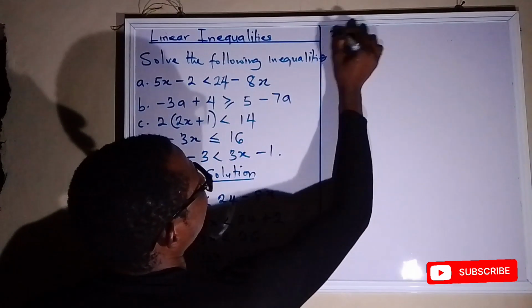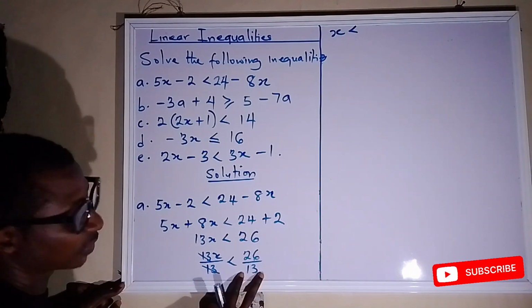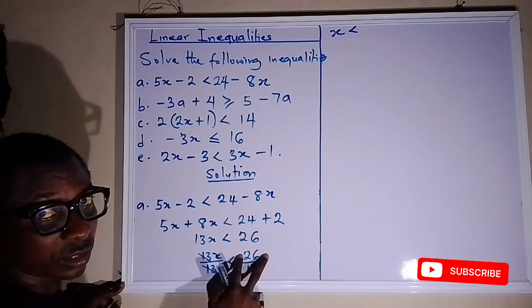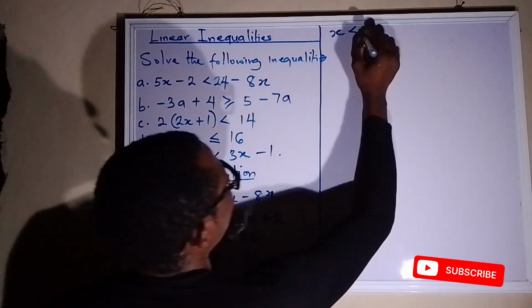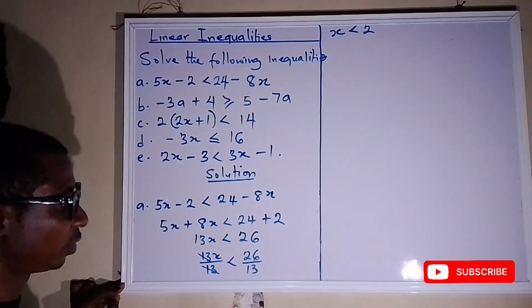So we have x less than, now look here, 13 goes into 26 two times. That is 2. So we have x less than 2, and that's the solution to the first part of the question.